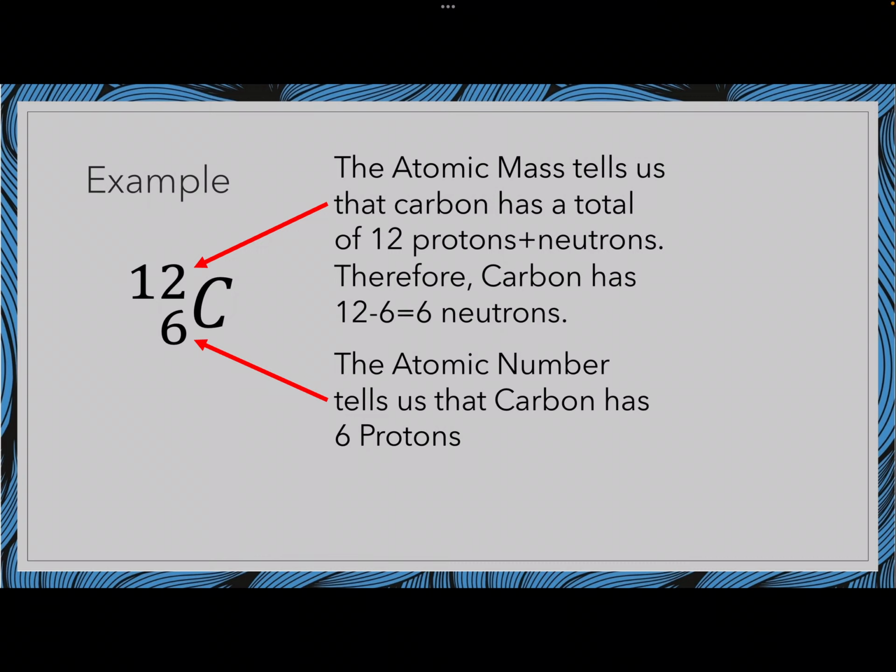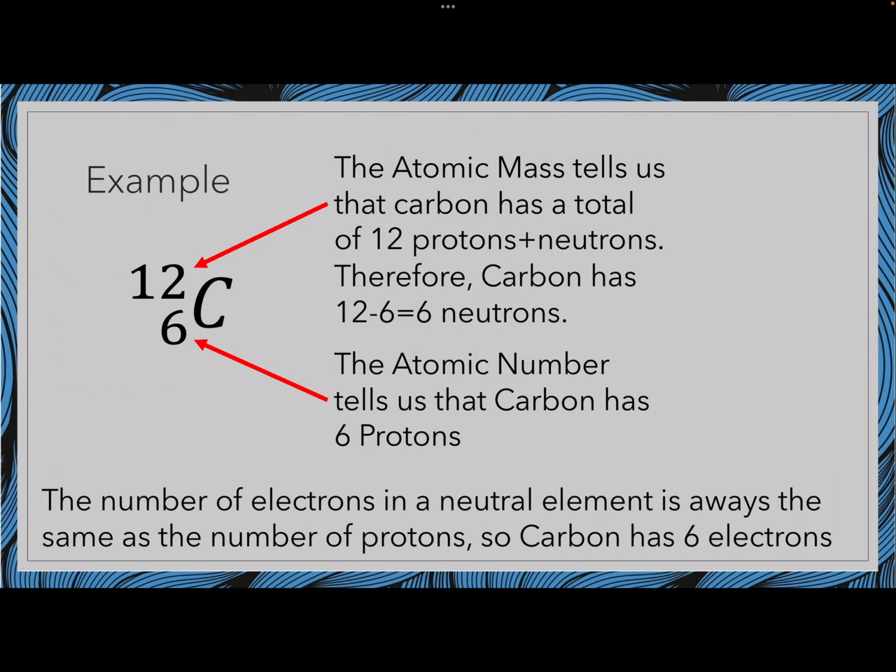Just using basic maths, carbon then has 6 neutrons. We do the top number, take away the bottom number, and it gives us the number of neutrons. And in a neutral element, where there's no charge, the number of electrons will equal the number of protons because the positives and the negatives balance each other out. So carbon has 6 electrons.